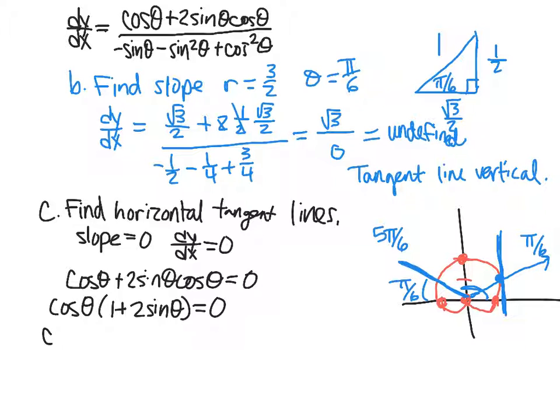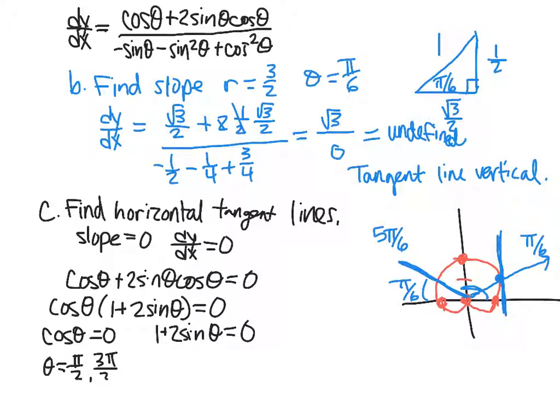And then we set them both equal to 0. So cosine theta equals 0, and 1 plus 2 sine theta equals 0. So cosine theta is 0 when theta equals pi/2 or 3 pi/2. And really we could keep on going around the circle, but let's focus on that for right now.